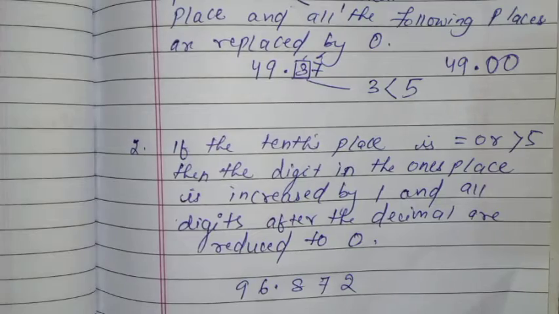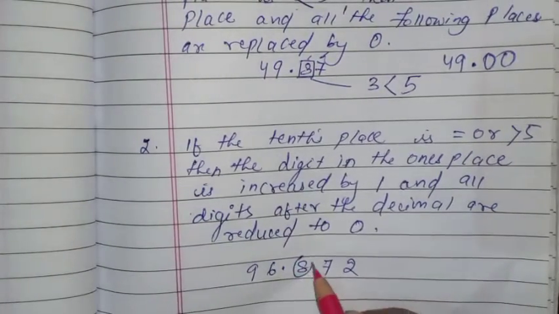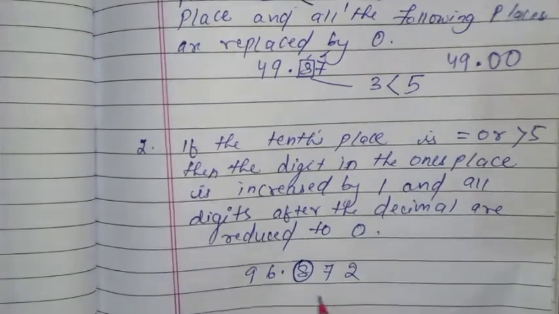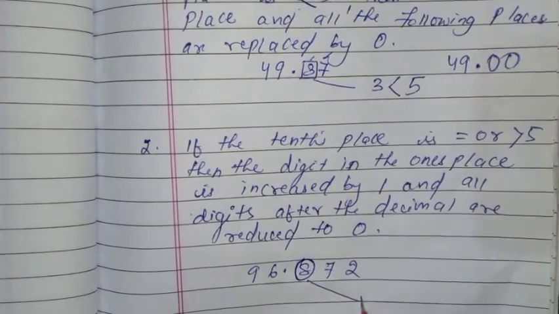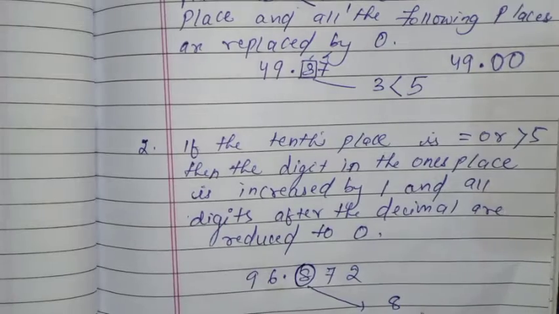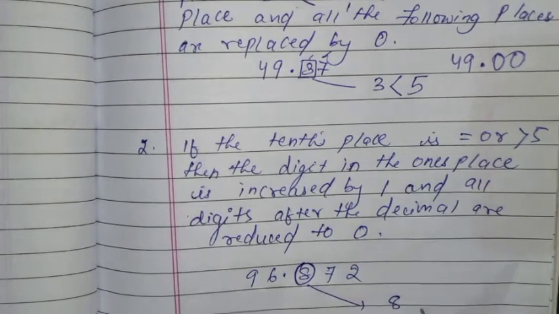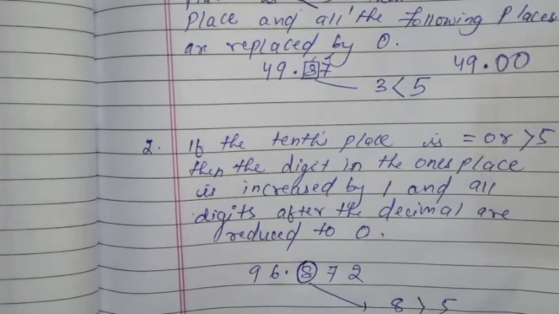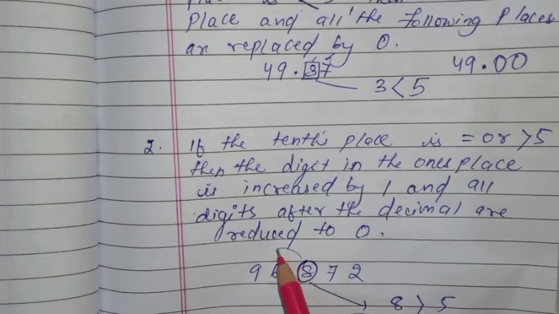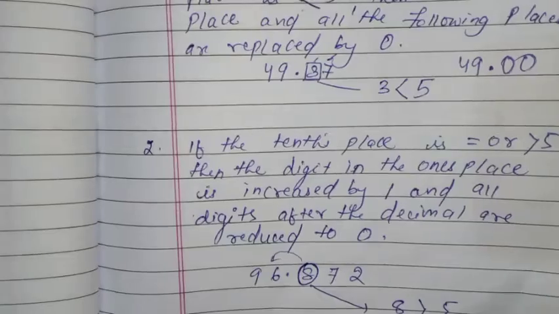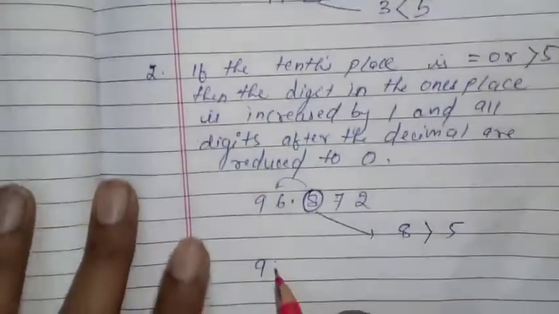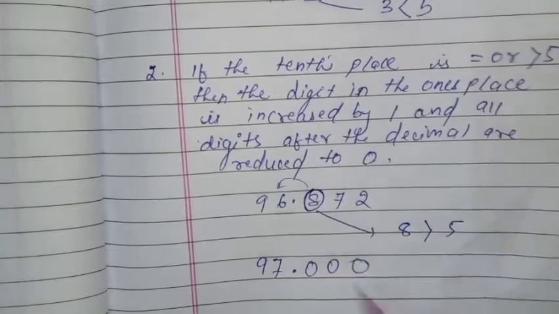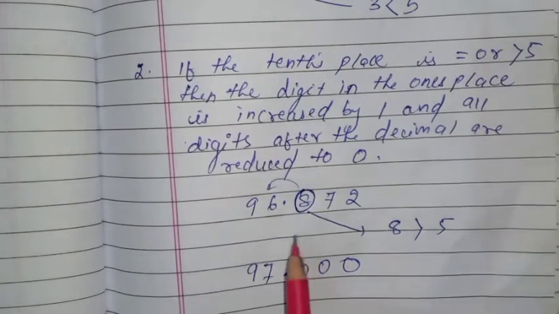Here the digit is 8, which is greater than 5. Then what do you have to do? You have to add 1 to the ones place, that is 97.000.